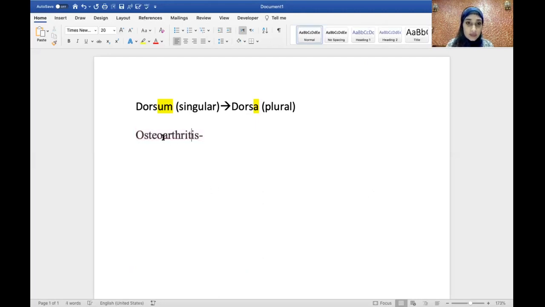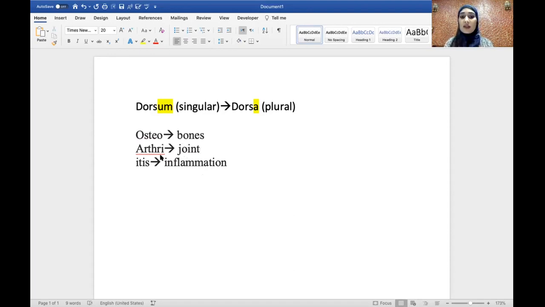We have this word. We said that osteo means bones, arthr means joint, and itis means inflammation. Here are three actually. So when we say this word, it's not the inflammation of bones and joints.